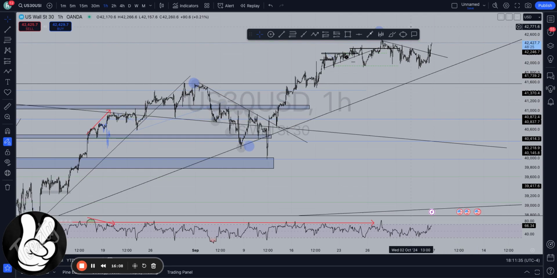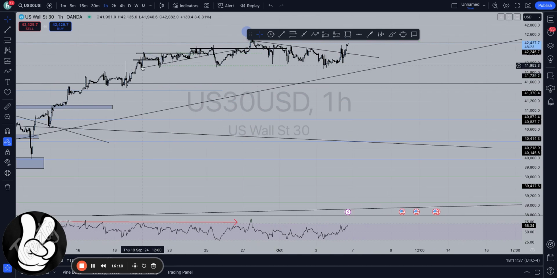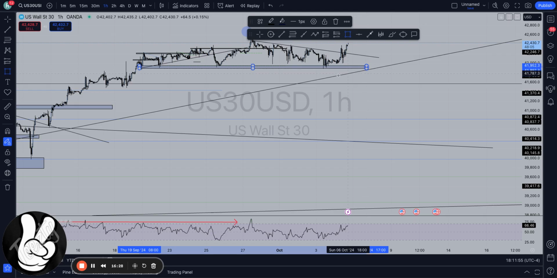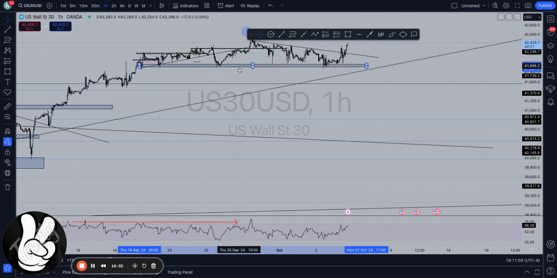Price has been consolidating ever since September 19th. So let me draw a little support area from all the way over here. This little support zone. Every time you draw a box or a trend line, you gotta ask yourself, what story does this box or this trend line tell you?